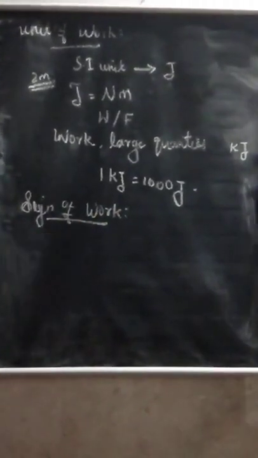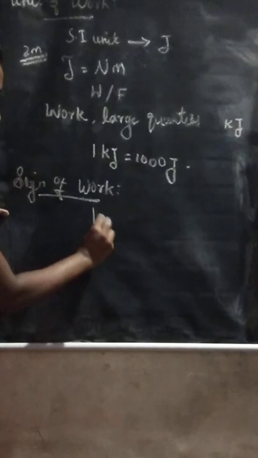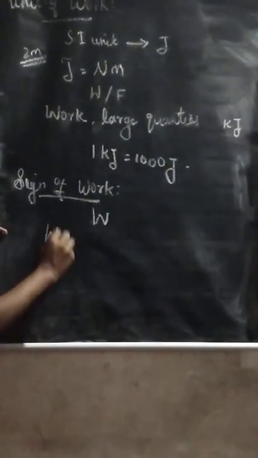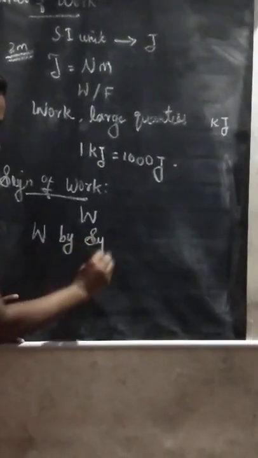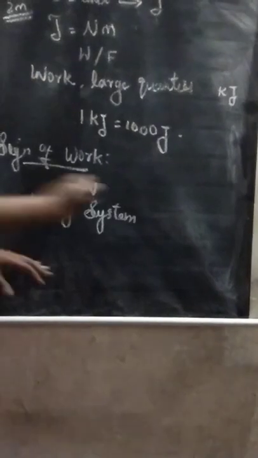Now the next topic, sign of work. The symbol for work is W. If the work is done by the system, the energy of the system decreases.